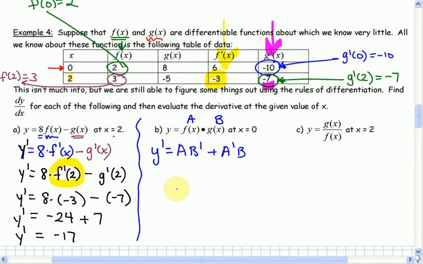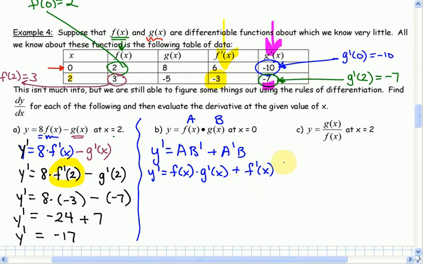Good. So what's A in this case? That's just the function f of x. What's B prime? Well, B is g of x, so B prime is just g prime of x. Okay? Plus A prime. What's A prime? Well, A is f of x. A prime just means it's the derivative, so f prime of x.